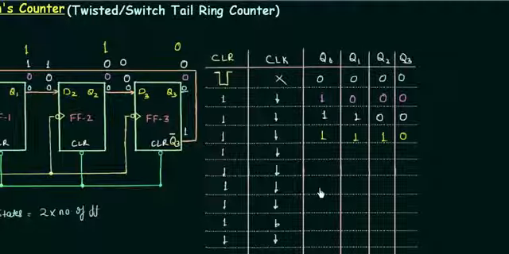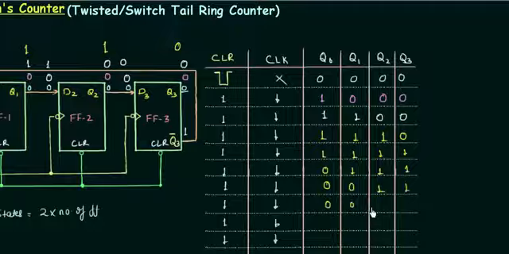In the same way, if you keep calculating for the falling edges, you will find the outputs 1 1 1 1, then 0 1 1 1, 0 0 1 1, 0 0 0 1, and then again 0 0 0 0.